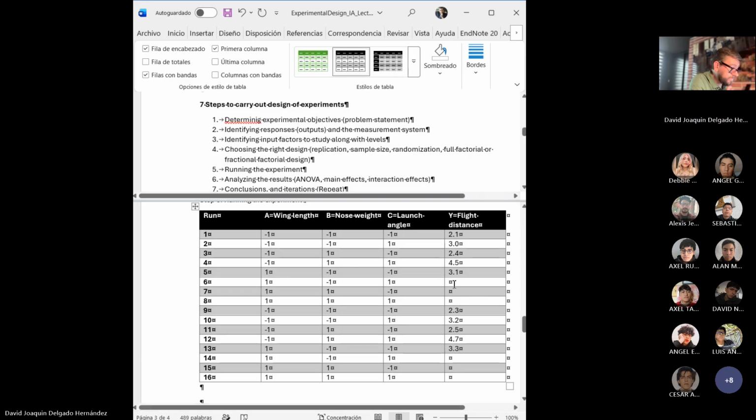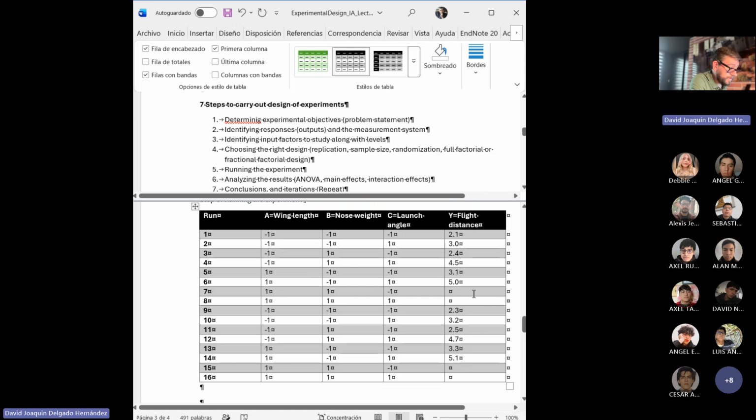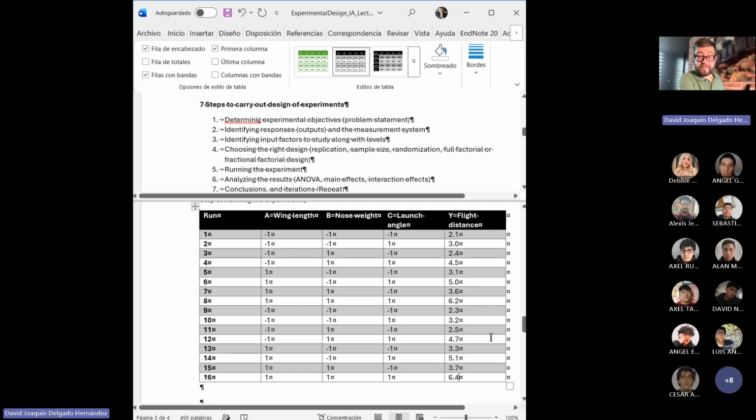Then 5.0 and 5.1. Then 3.6, and then 3.7, and finally 6.2 and 6.4. Okay, perfect. Okay, this is my table of the experiments that I have designed and I have carried out.